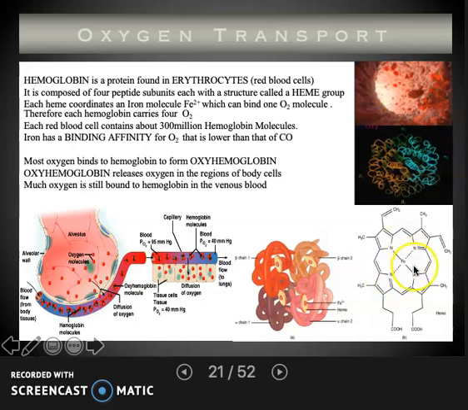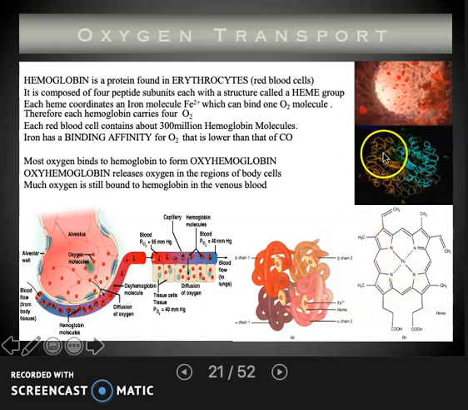So we say that the heme group coordinates metallic iron ions. And iron likes to bind oxygen. It has a binding affinity for oxygen. That affinity allows hemoglobin to go to oxyhemoglobin.